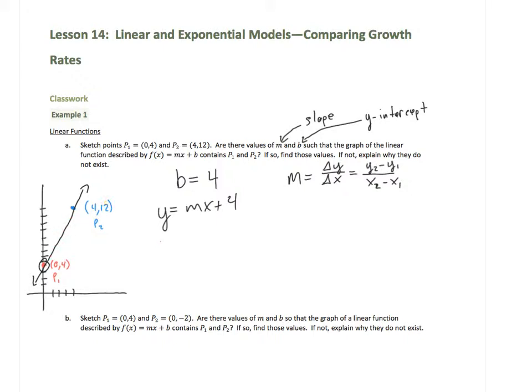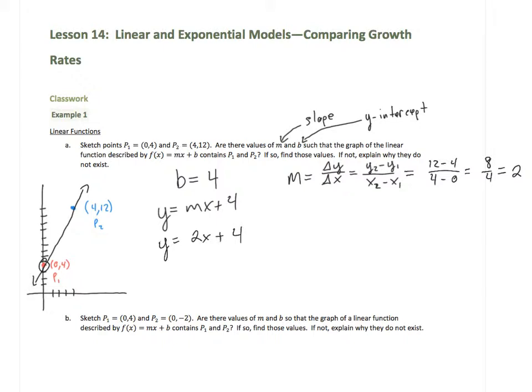It's the y minus the y over the x minus the x. And I always take the point that's farthest on the right minus the point that's farthest on the left. So by doing this, the y value of point 2, which is 12, minus the y value of point 1, which is 4, over 4 minus 0 will give me 8 over 4, which is 2. So I already know m equals 2. So y = 2x + 4.